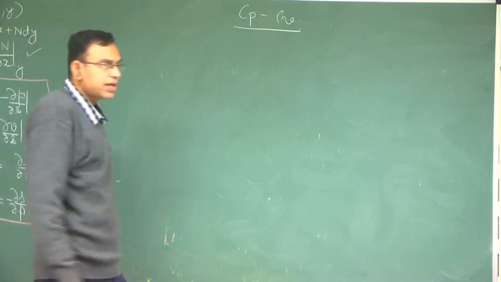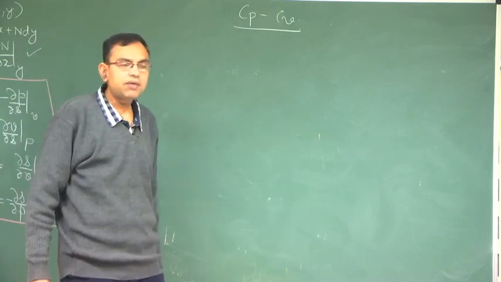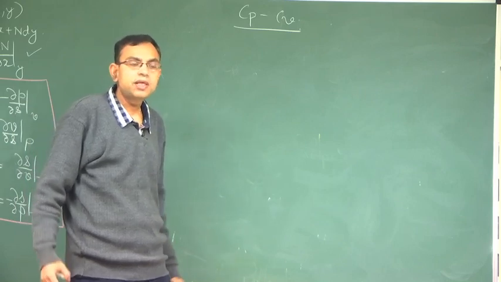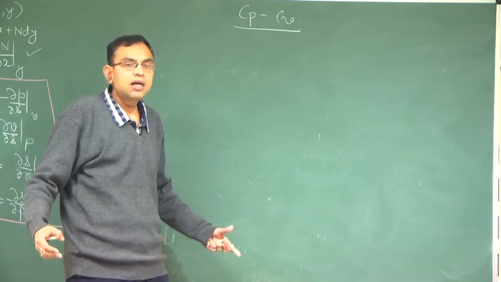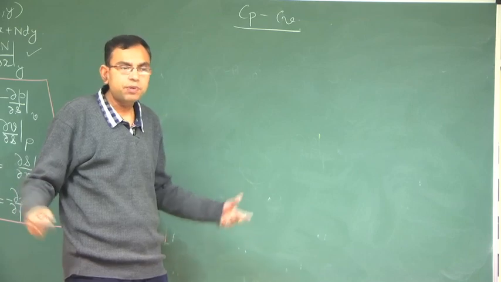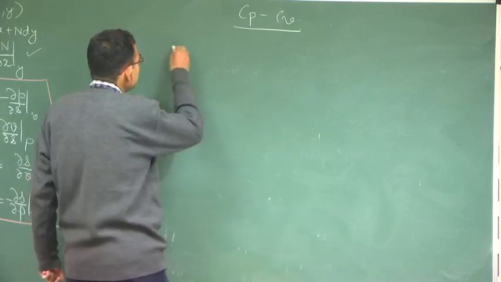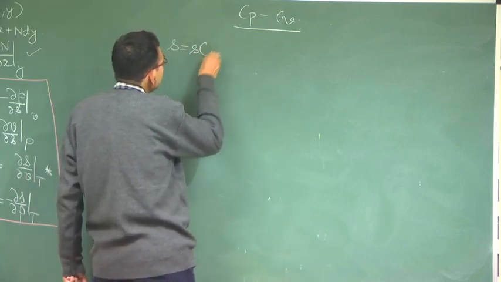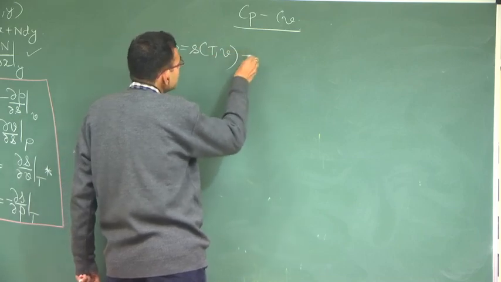To do that, because the entropy derivative can be written in terms of Cp and Cv if S is expressed as a function of temperature, pressure, volume etc., we will start with S as a function of T and V. So, dS.